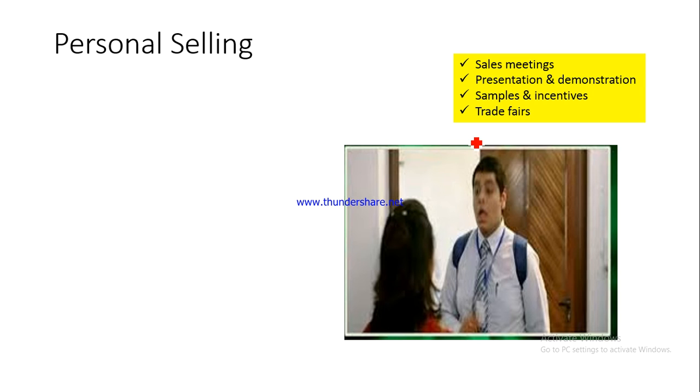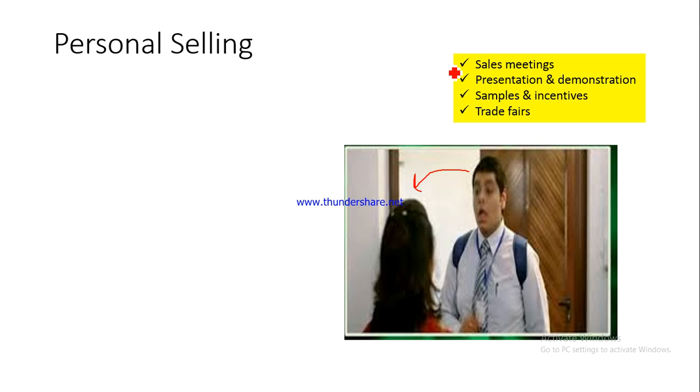So this is an example of personal selling, and I told you this is interpersonal communication. Contrast it with advertising, which is mass communication. Here it is interpersonal communication, because this guy actually knows the receiver of his message more intimately than would happen in case of advertising, right? So this is what personal selling is all about.